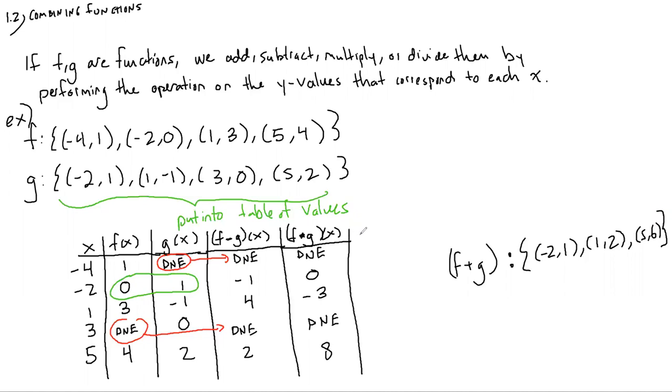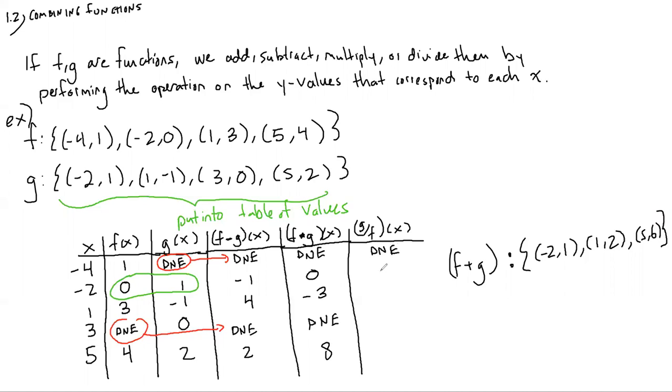And then similarly, f divided by g of x. Actually, what I might do is flip those ones around just to highlight something else that might happen here. Let's do g divided by f of x. I can't do something that doesn't exist divided by 1.